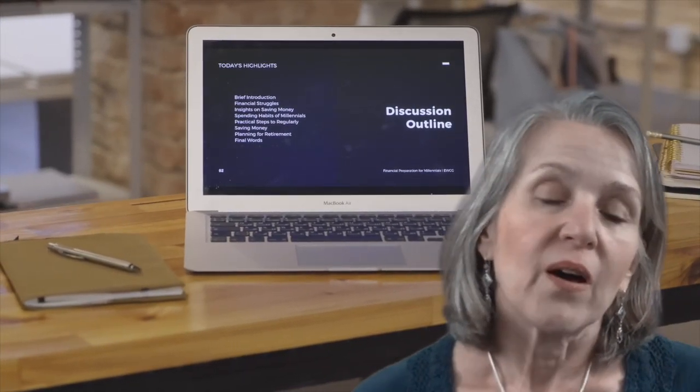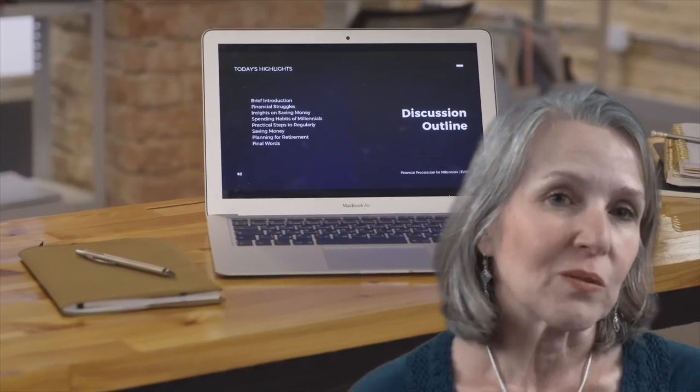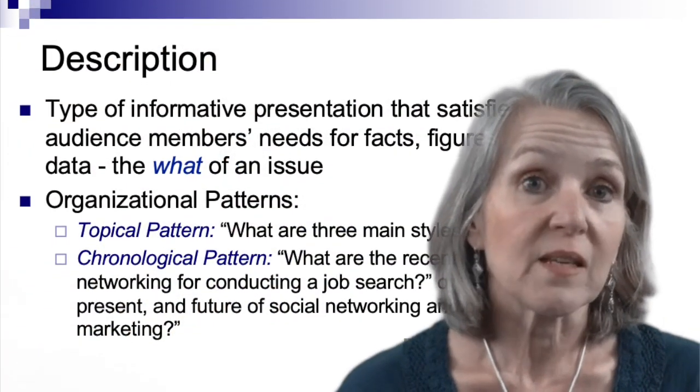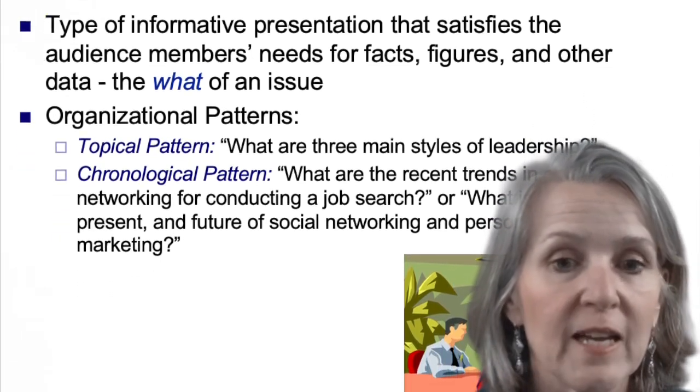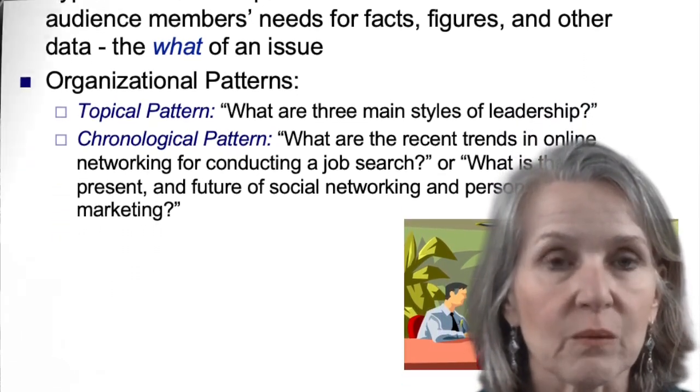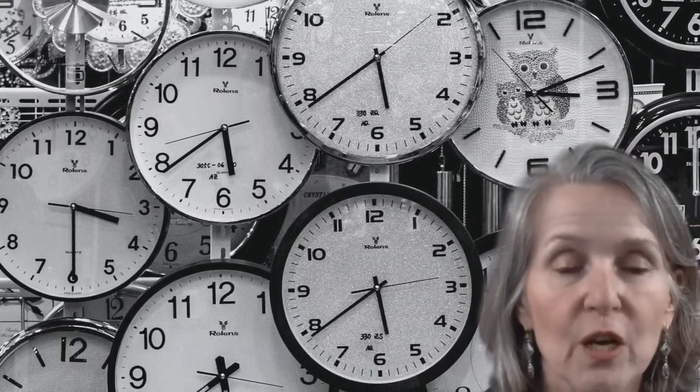Another example of an organizational pattern that's well suited to a descriptive presentation answering the what of an issue is a chronological pattern. Think of this as something that would follow a trend, like a past, present, and future, of something like, how do you conduct a job search? What are the steps to doing something?